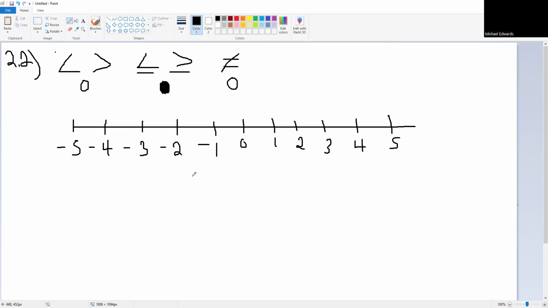If we have something like -1 less than x less than 3, the -1 would have a circle on it, not filled in, because it's one of these.